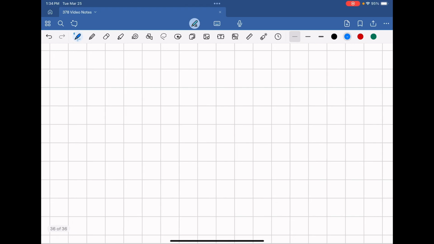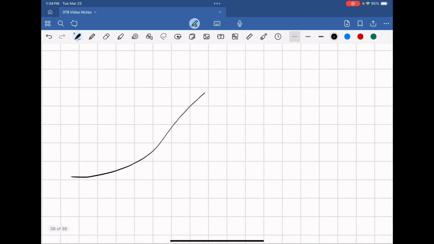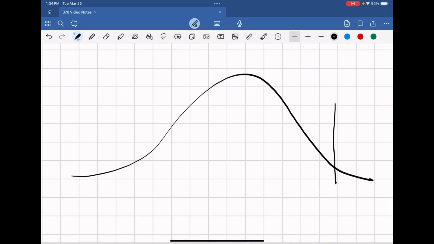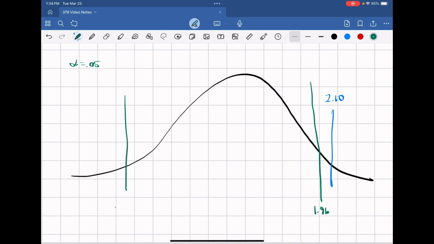Now I can look at my graph to see what that would look like. This is my normal distribution. I've calculated my z-score, let's write that in blue, as 2.10. Now if I'm looking at an alpha of 0.05, then I do a two-tailed test, where this would be 1.96 and this would be negative 1.96.